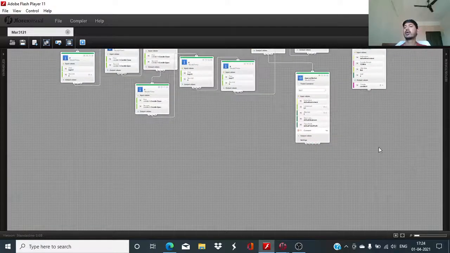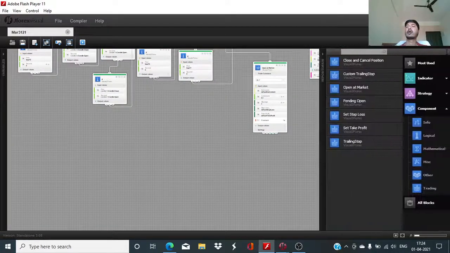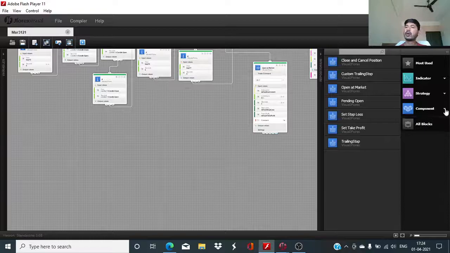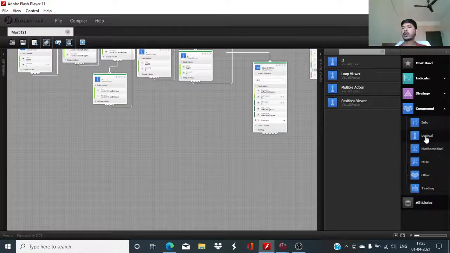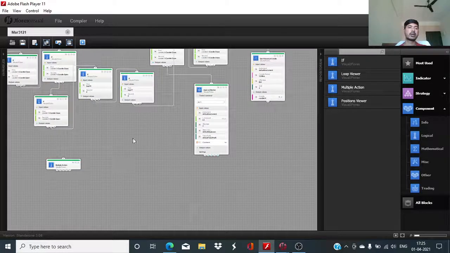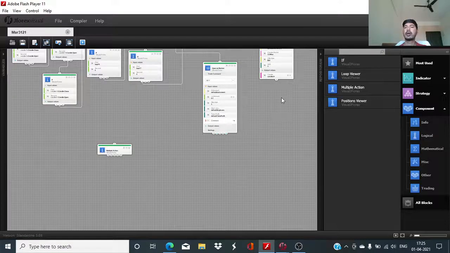And before I sign off, I would also like to arrange the blocks in a more aesthetic way, and also that will make it more easier to understand what condition is followed by what.